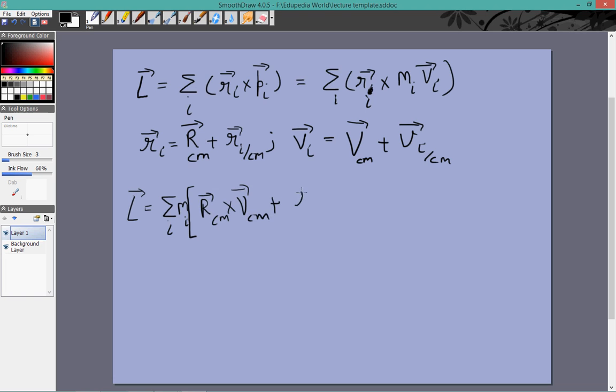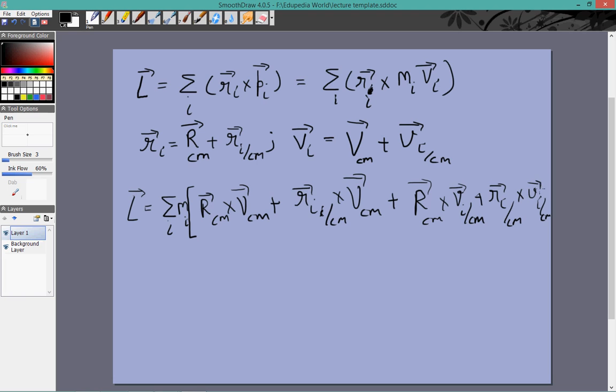The second will be RiCM cross VCM. The third will be RCM cross ViCM, plus the fourth will be RiCM cross ViCM. Right, 1, 2, 3, 4. We get four terms. Let's look at these four terms in a little bit detail.